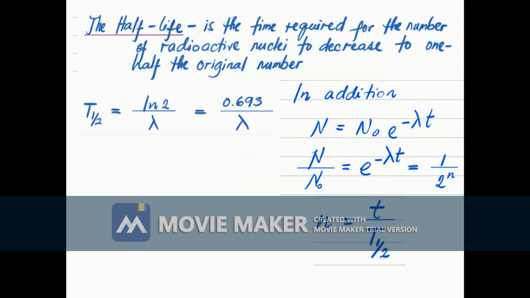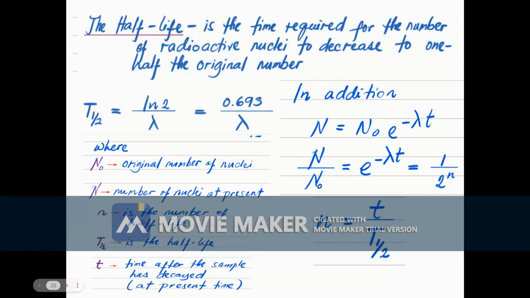And from this, we can obtain what n actually is. N is the number of half-lives. The number of half-lives equals the total time of the decay divided by the half-life value.